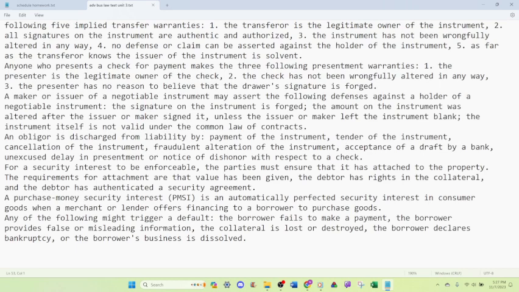When a merchant or lender offers financing to a borrower to purchase goods, any of the following might trigger a default.